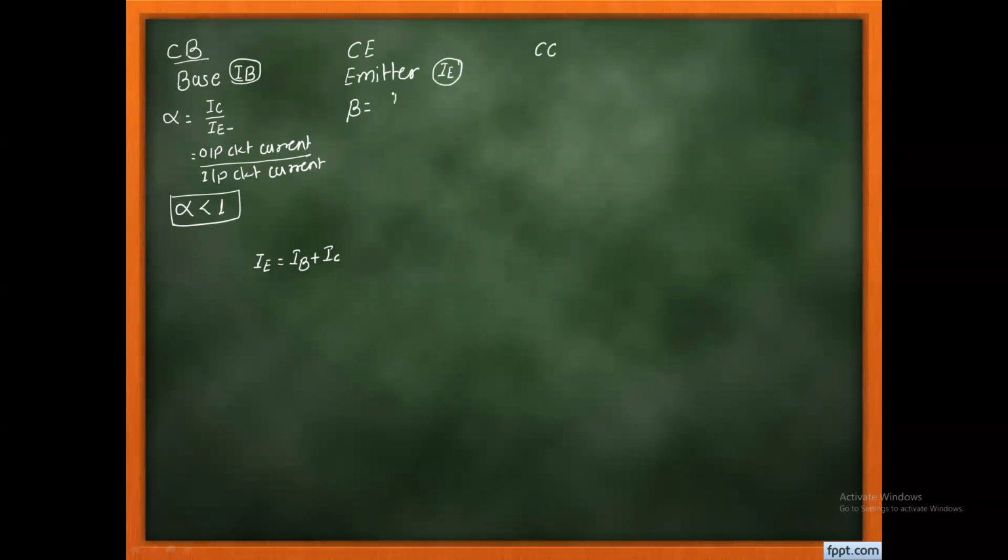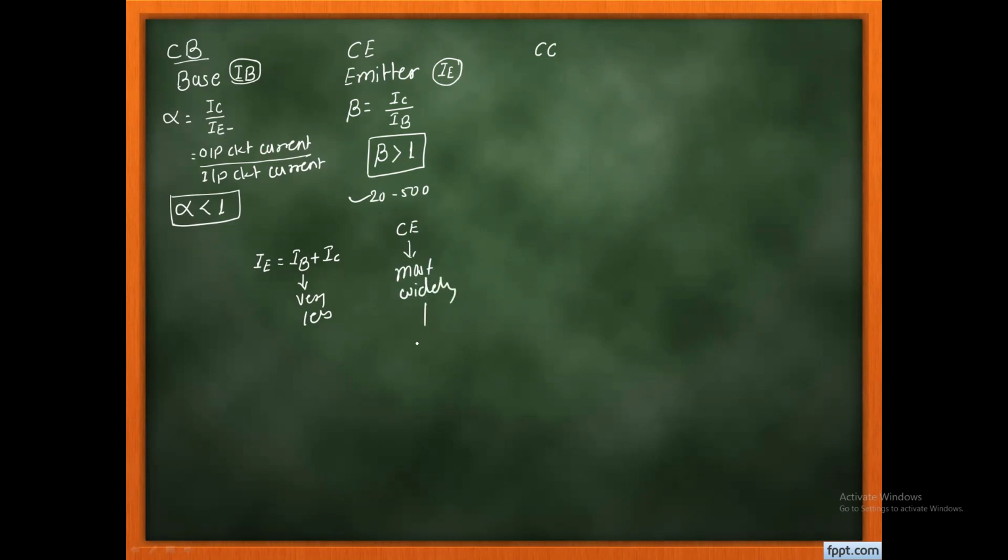Collector to emitter, so it becomes IC divided by the input circuit current, which is nothing but IB, and we know that the IB current is always very small, so the denominator is very small, so the value of beta is far greater than 1. The range of beta is around 220 to 500, so the CE configuration is most widely used.